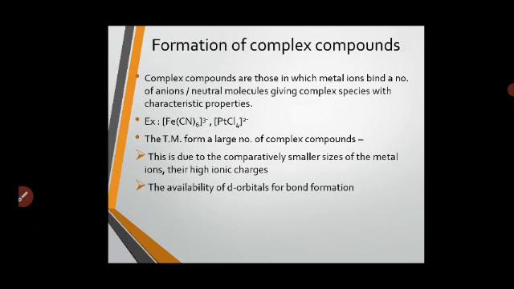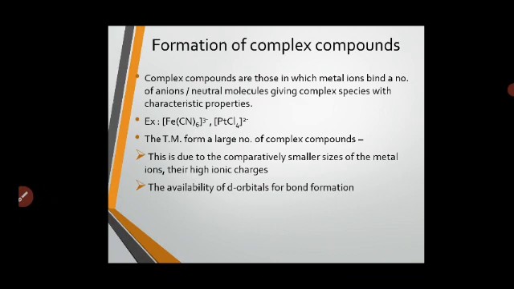Now the next very useful property is the formation of complex compounds. As the d orbitals are 5 orbitals and each can accommodate 2 electrons, they have the capacity to accommodate 10 electrons in the d orbitals, meaning they have a large vacancy of orbitals.